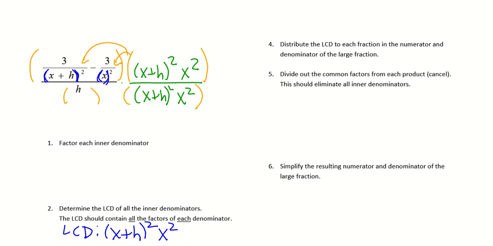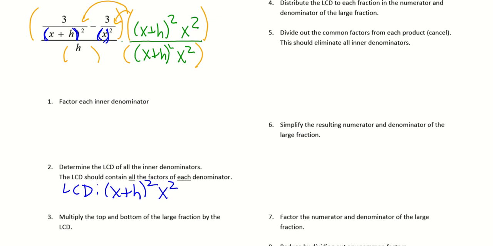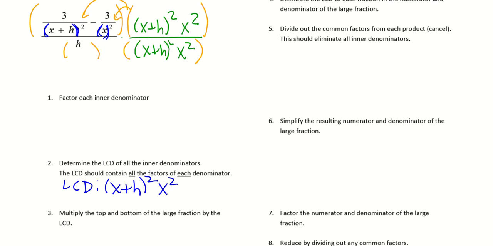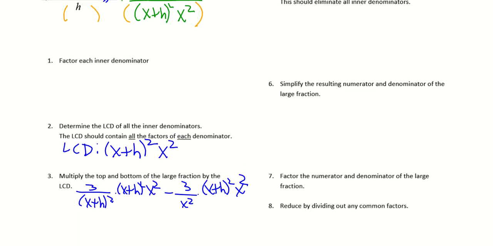So when we do that, that gives us 3 over x plus h squared times an x plus h squared and an x squared, minus 3 over x squared times an x plus h squared and an x squared, all over our h times our x plus h squared and our x squared.